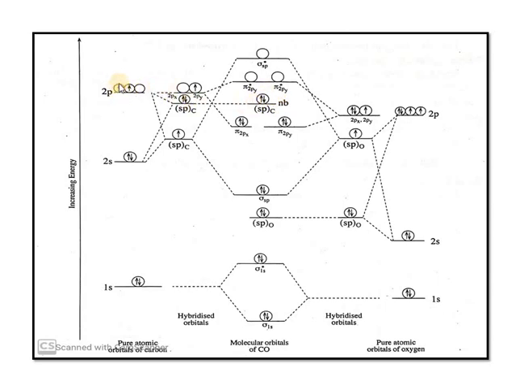One of the electrons will be remaining here, right? One of these electrons is going here, so one is remaining, and these electrons come to 2py.